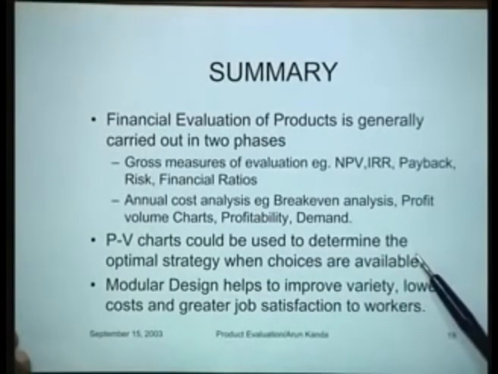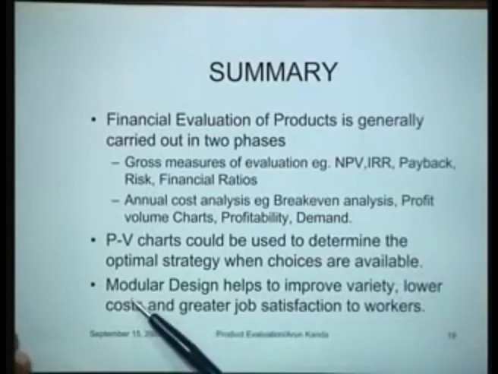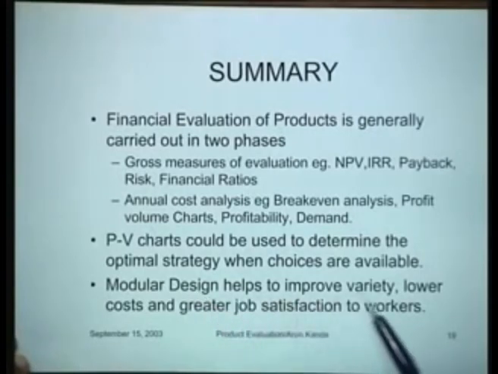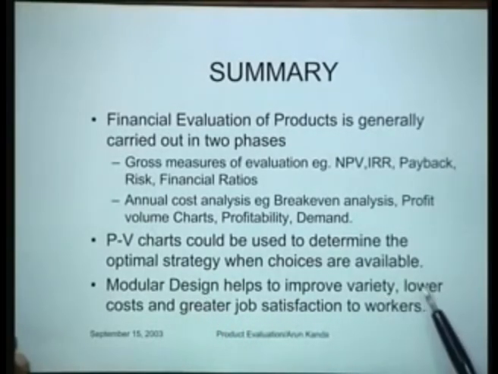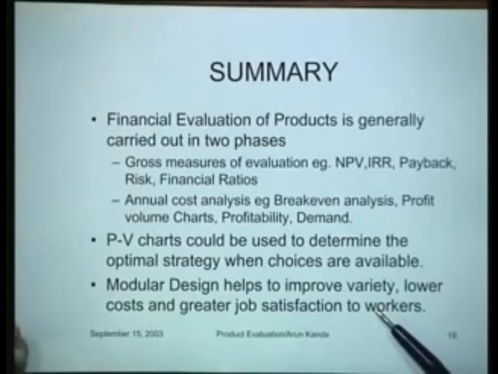That was one interesting thing. And secondly, we had looked at the notion of modular design, which helps to improve variety, lower costs, and results in greater job satisfaction for workers. In fact, we had taken an example in which we had seen how different combinations could be evaluated, and ultimately you could determine the best possible design.